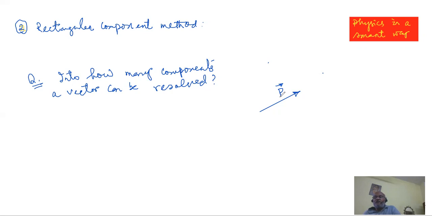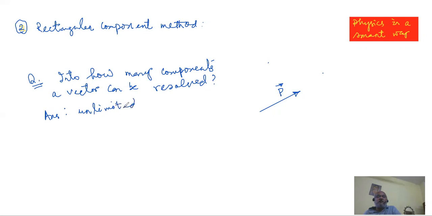The question is, you can create how many parts, or you can break down P into how many parts. In fact, the answer will be unlimited.